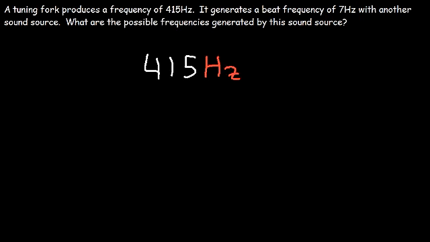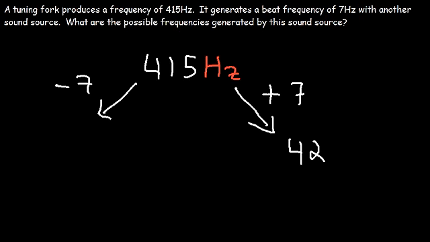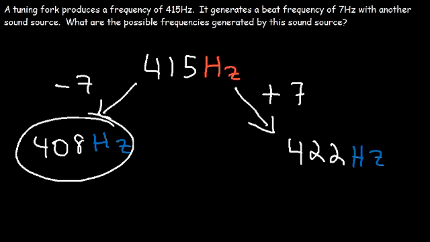So there's two things we can do. We can add 7 or we can subtract 7. So one possible frequency is 422 hertz and the other possible frequency is 408 hertz. So the sound source has to have one of these two frequencies.